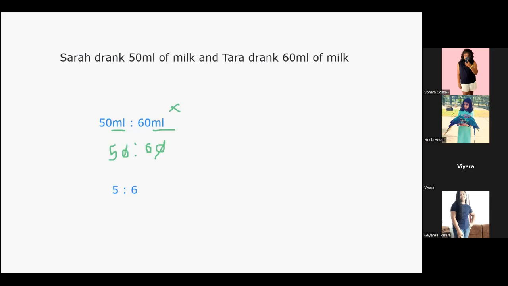But if I change the question like this. Sarah drank 1 liter of milk and Tara drank 500 milliliters of milk. Now, how do you write the ratio? You cannot write like this now. How do you write the ratio?